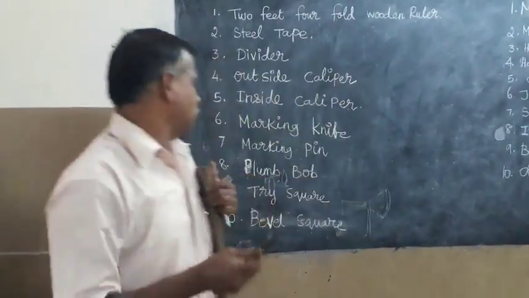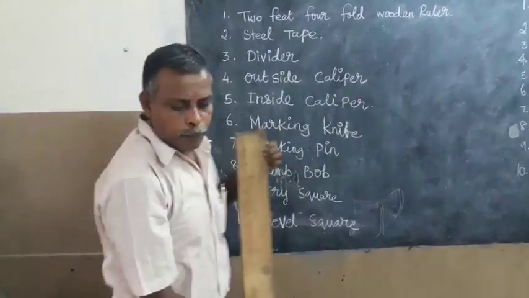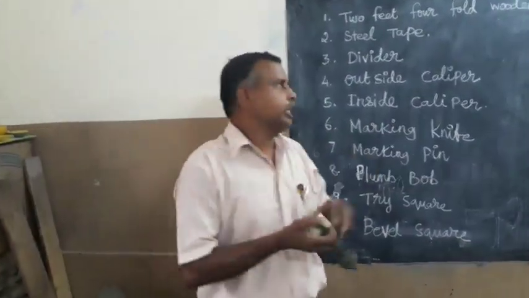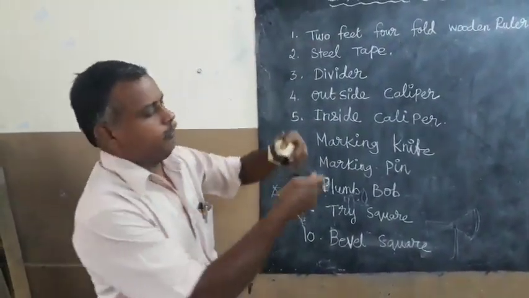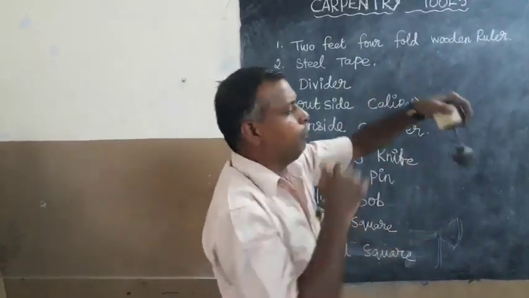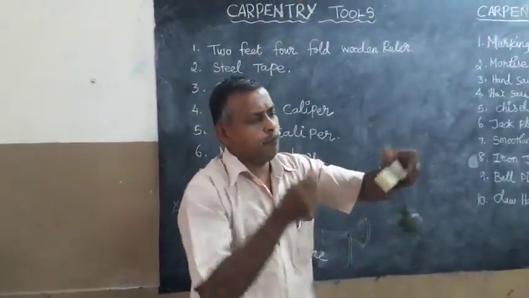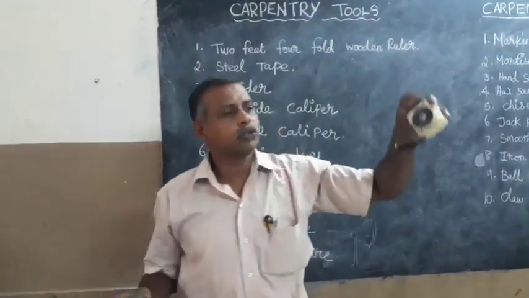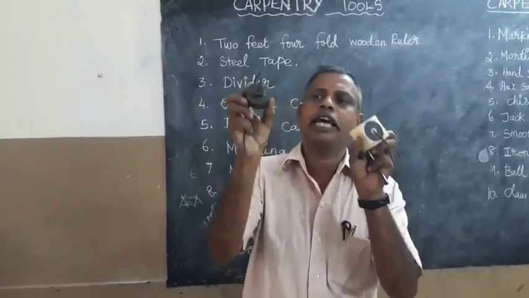Okay. Next one, the plumb bob. The plumb bob is used to check the vertical. How do you check it? This is the plumb bob. Before using the plumb bob, you check that this square and this circle have the same measurement.